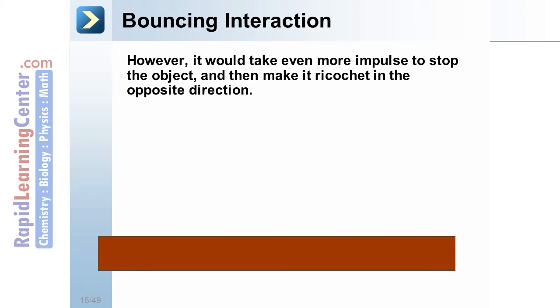Bouncing interaction. Consider a slightly different case. It would take even more impulse to stop the object and then make it ricochet in the opposite direction. Again, the ball is falling downward, mass m, velocity v, but this time, because direction is important, we'll make it negative for downward.